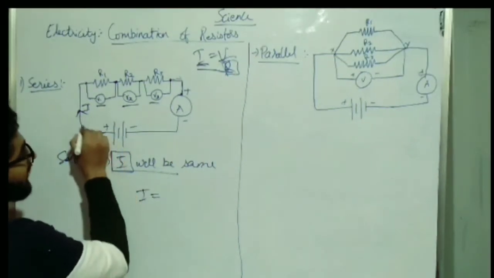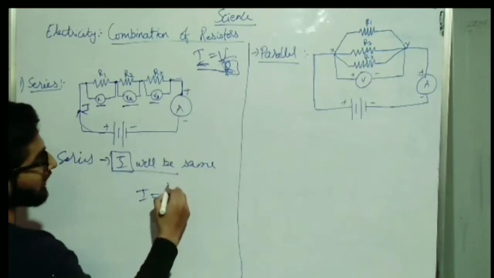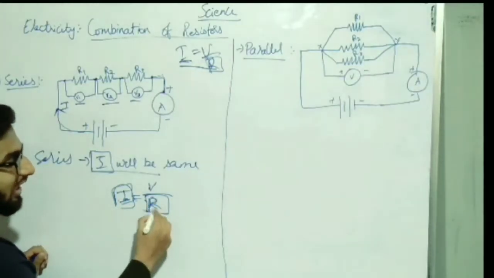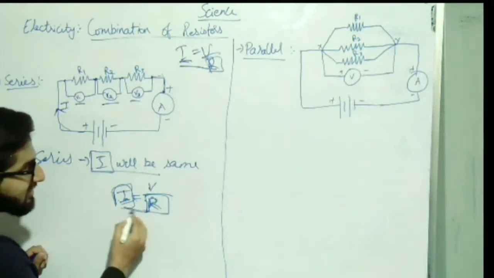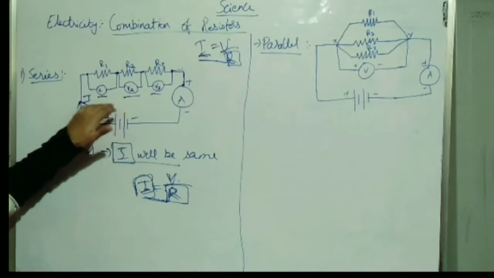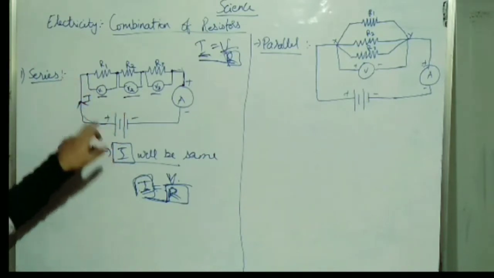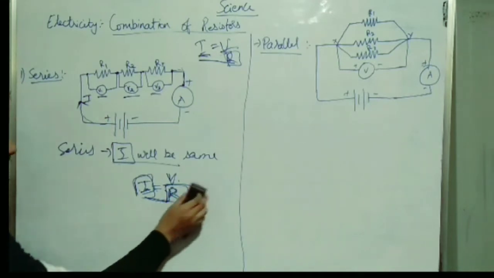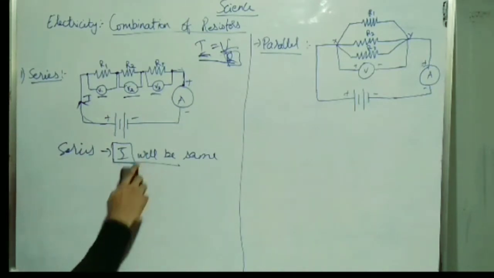I is supplied here, V by R. I should always be equal to V by R. Now here R is changing. To balance this, V should change, right? So in your series combination, current will be the same, but your resistance and potential difference will change simultaneously. This is your first point.